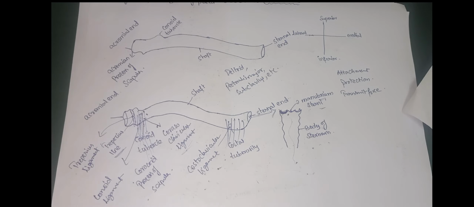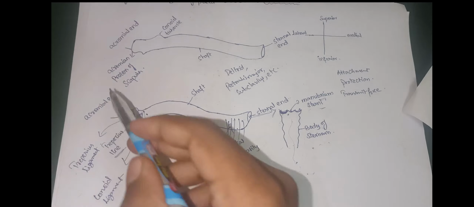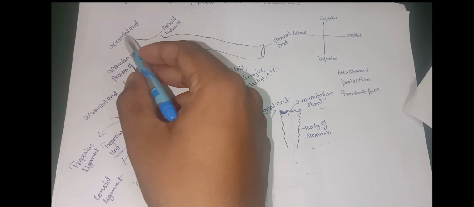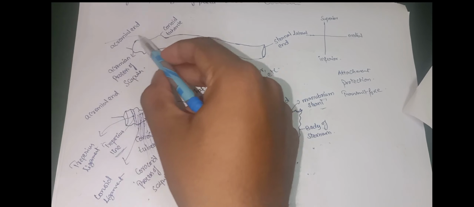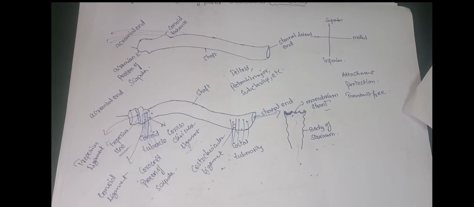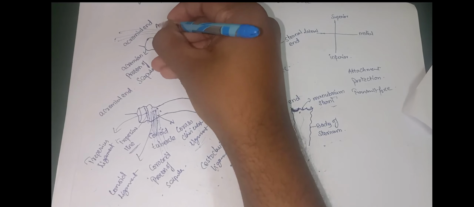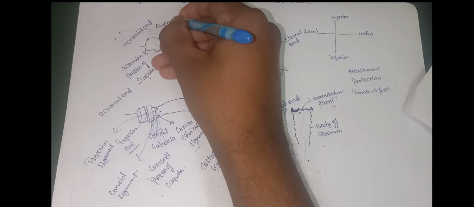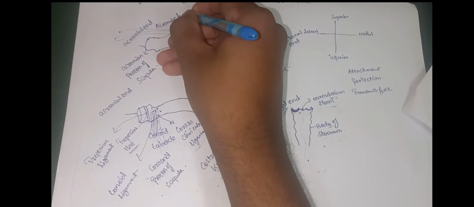Next, there is a small ligament which passes between the clavicle and the acromion process of the scapula, which we call the acromioclavicular ligament.